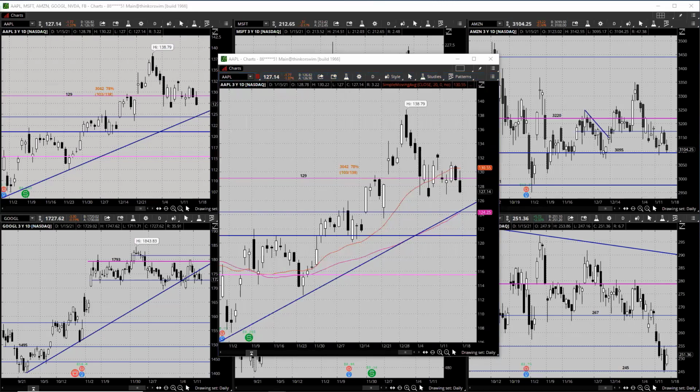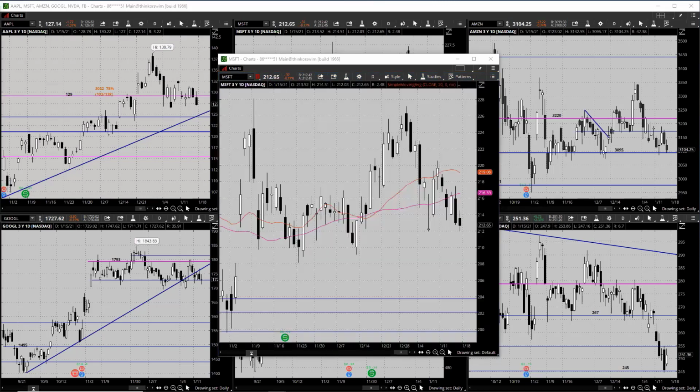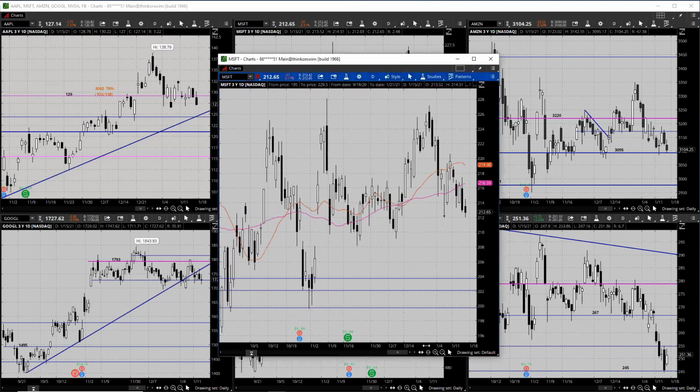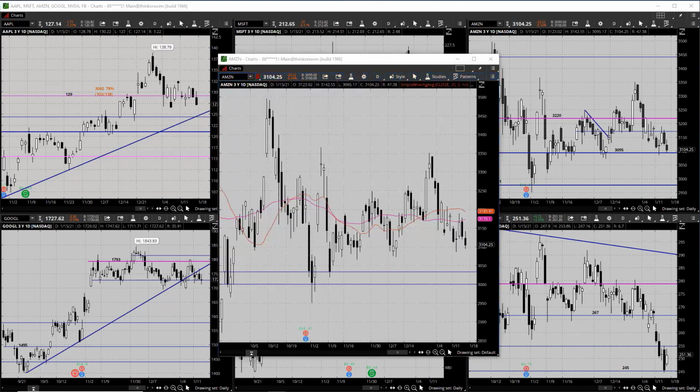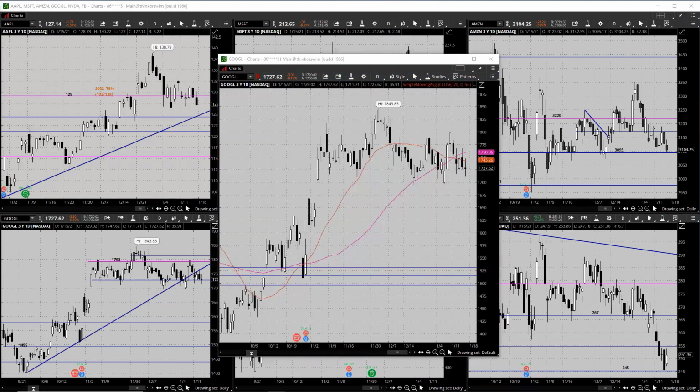There's Apple, Microsoft. We already have these on the daily up there, but just taking a quick look. Amazon. And Google. Here we are with Google here.